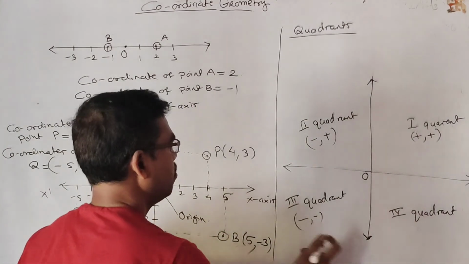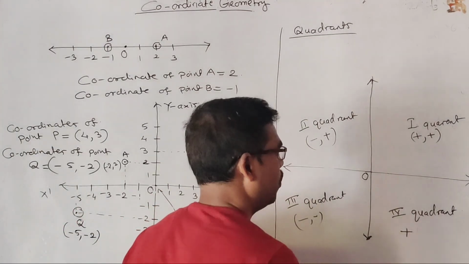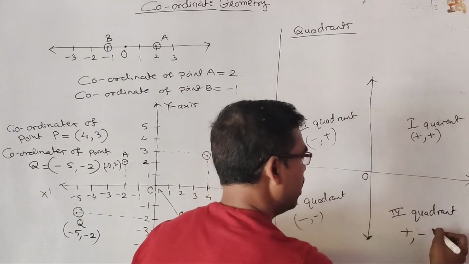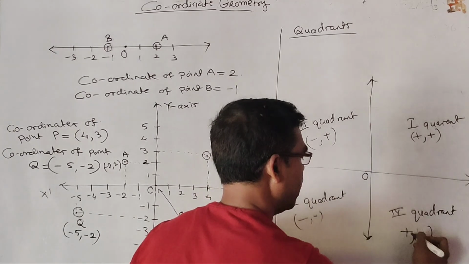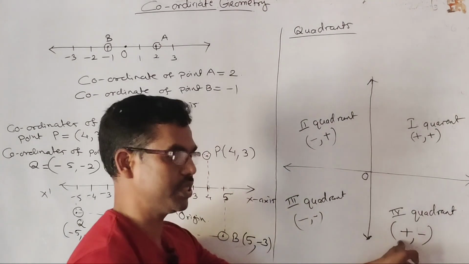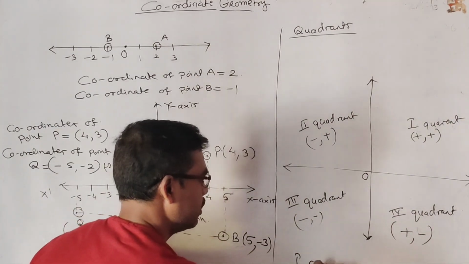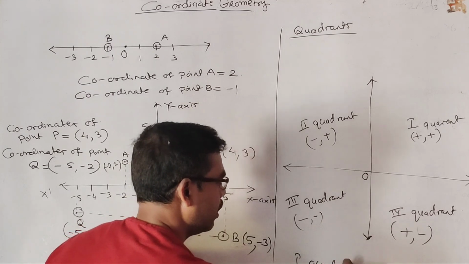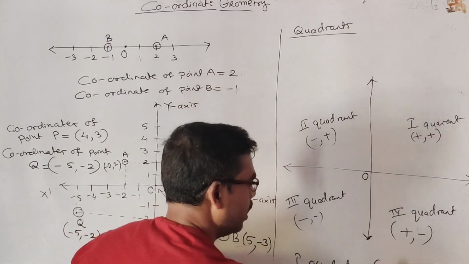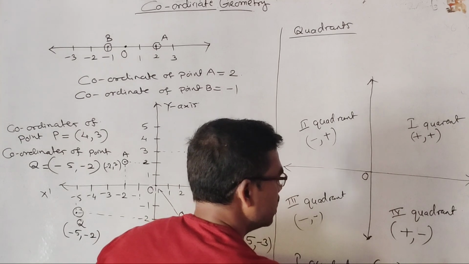So in fourth quadrant the signs of the coordinates are plus minus, that is x positive and y negative. So for first quadrant the coordinates, that is plus plus.